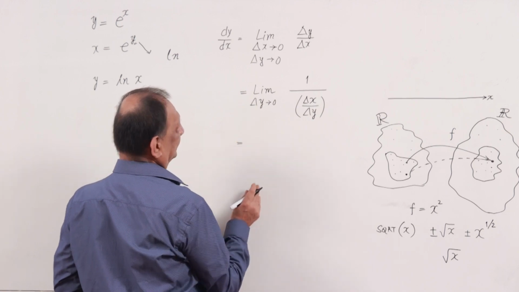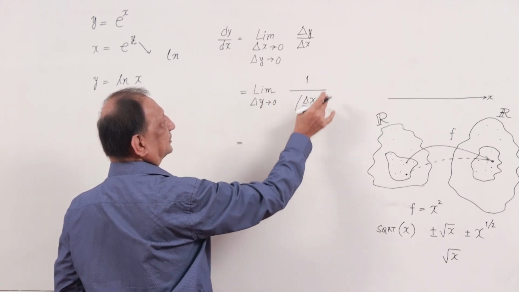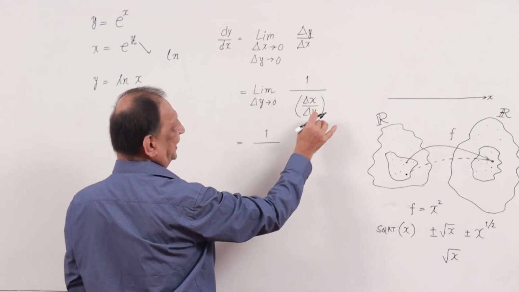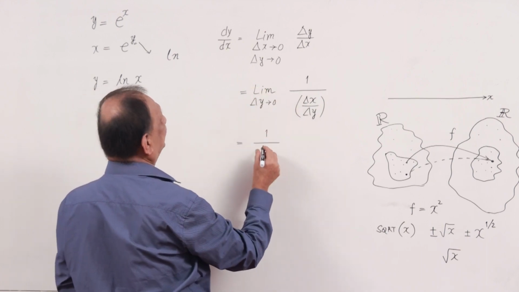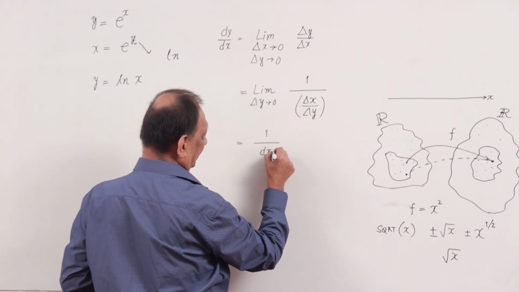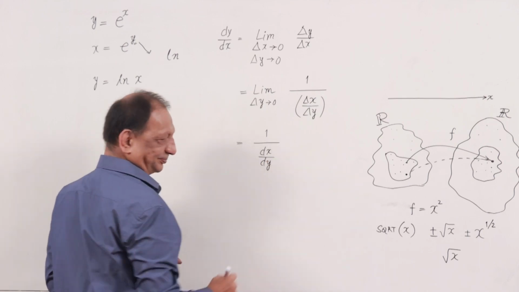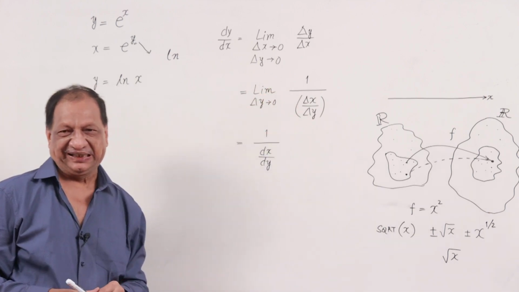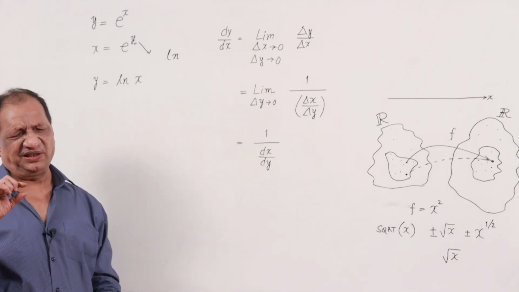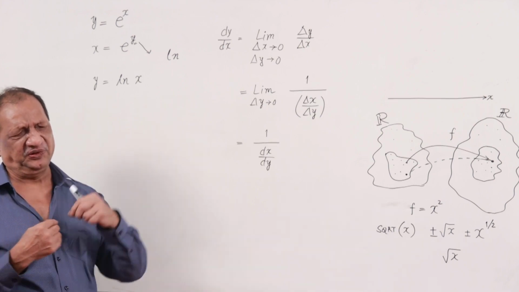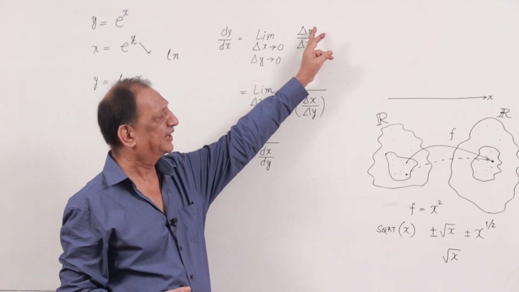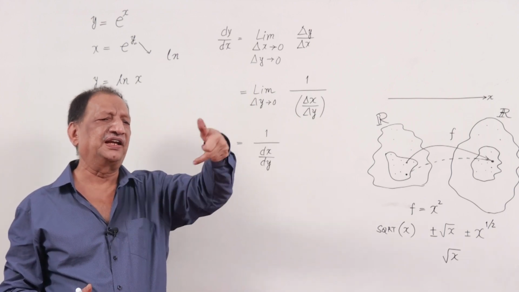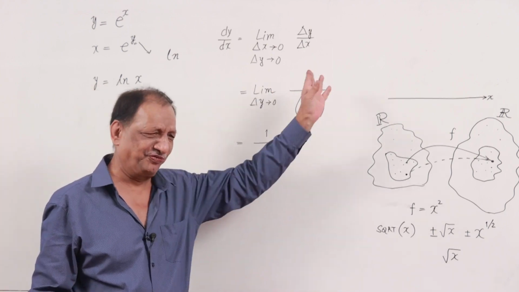Which is, so limit of a quotient is quotient of the limits. So the top is 1 divided by, what is delta x by delta y? Limit as delta y goes to 0 is dx by dy. No? So dy by dx is the same as 1 over dx by dy. So it's actually a ratio of infinitesimal changes. Basically the ratio. Obviously we are dividing y increment by x increment, which will be 1 over dividing x increment by y increment. So it's very obvious from the limit.